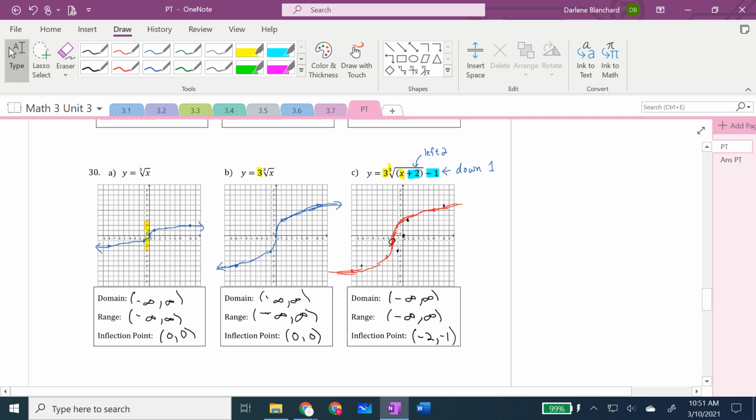You're going to have a parent graph, and then a stretching or compressing by multiplication or division, and then a translation from the stretching, and have them in steps.